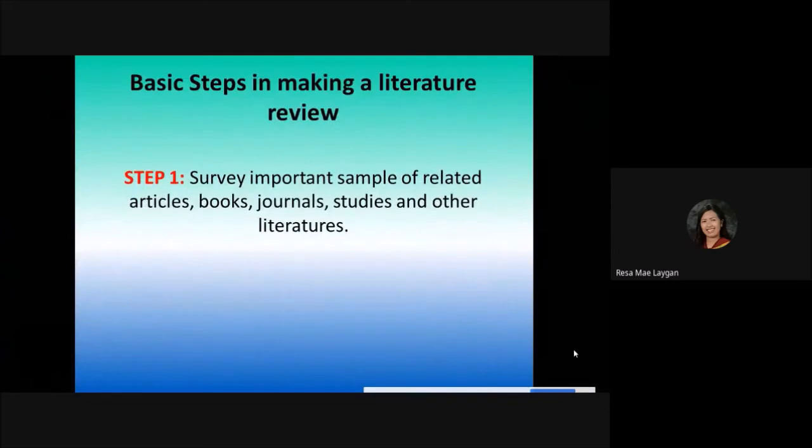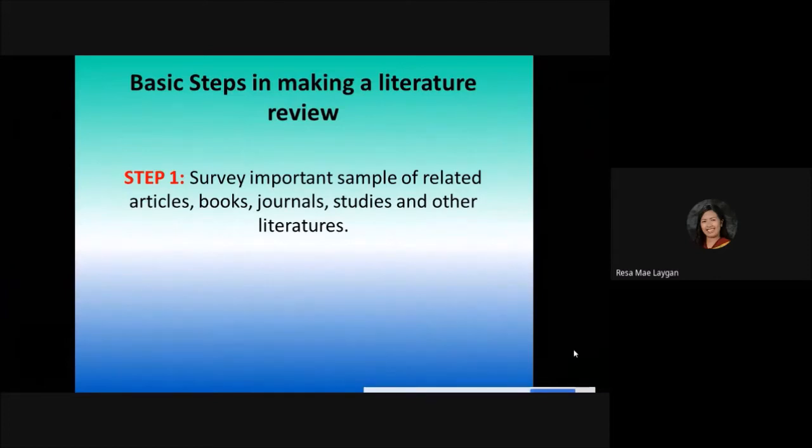So these are the basic steps in making a literature review, and this is really important. First S is survey. So you have to survey an important sample of related articles, books, journals, studies, and other related literatures.